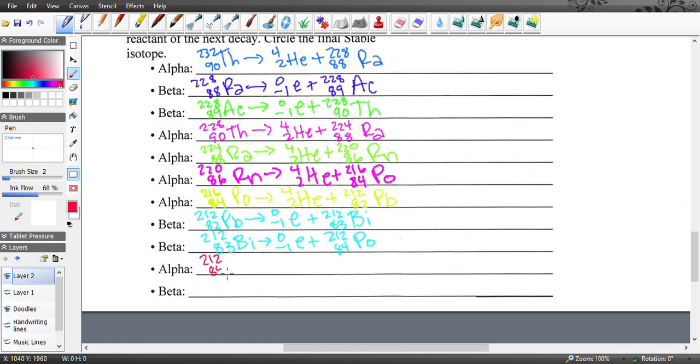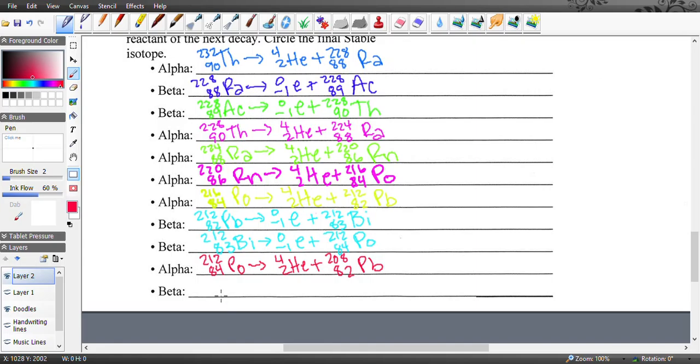212, 84, Po undergoes alpha decay, 4 2 He. 212 minus 4 is, God, I can't math, 208. And then that minus that is going to be 82, which is Pb.